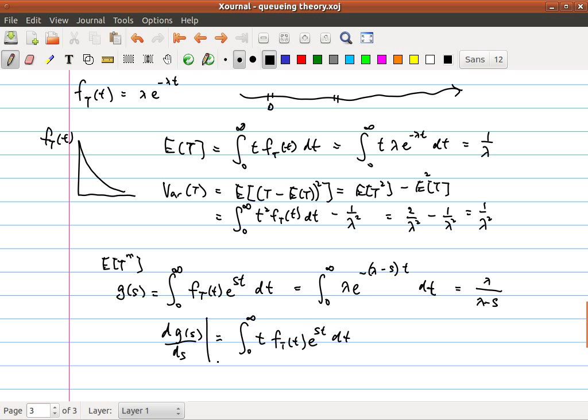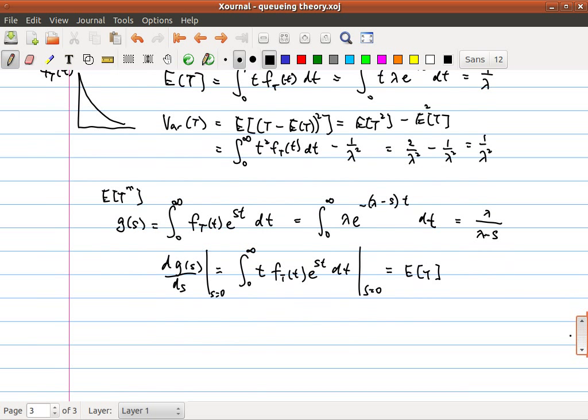And then if I take s equal to 0, then this exponential term will become 1, right? So I take s equal to 0. This will just give me the expectation of t. That's basically this term here.